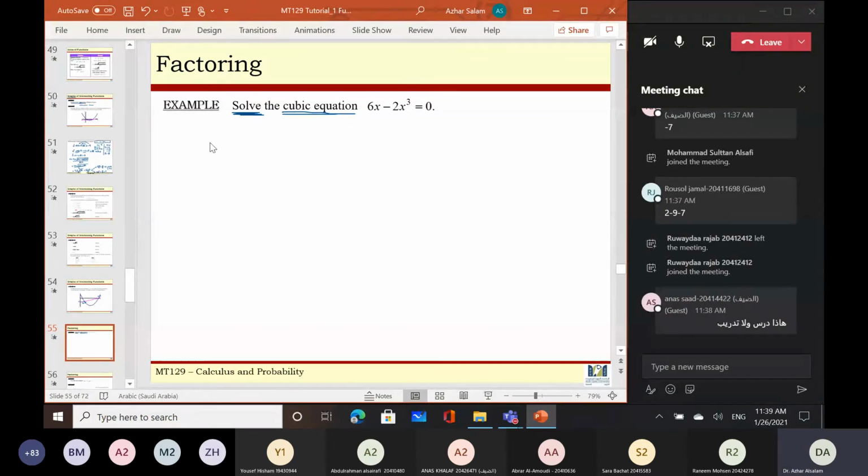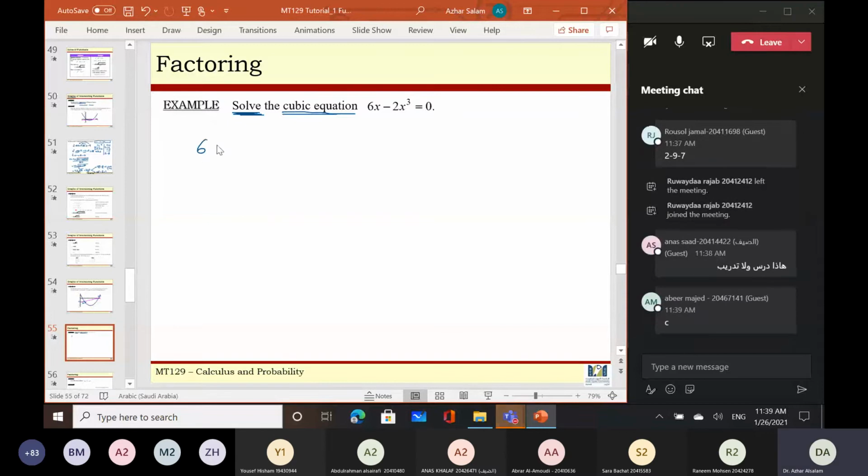So in this case, when I take 6x minus 2x cubed equal to 0, I can take x as a common factor, and it remains in the first term 6 minus 2. Since I take 1x from here, it will remain x squared in the second term, equals 0.